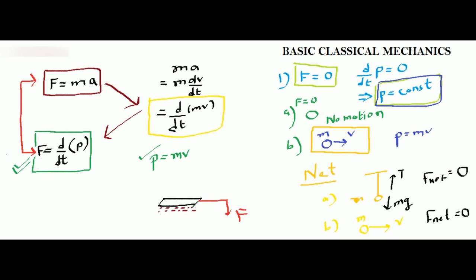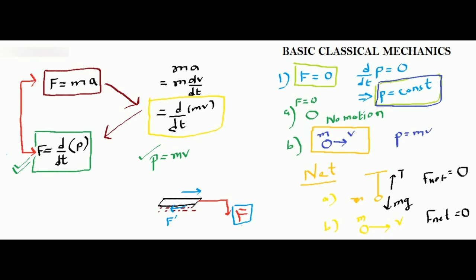Agreed? Something interesting happens. When the glass slab tries to move forward because of this force F, there is a viscous force acting in the opposite direction. Let that viscous force be F dash.